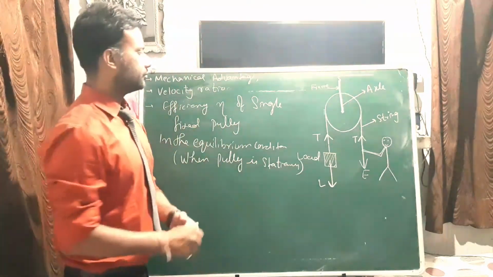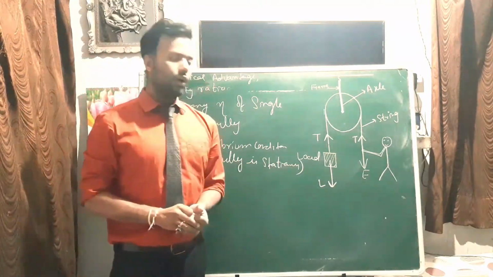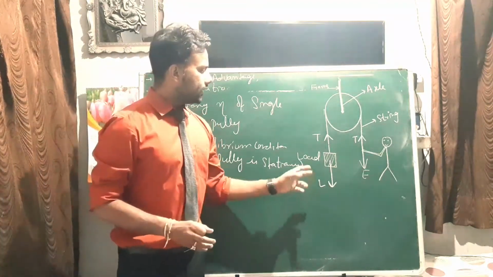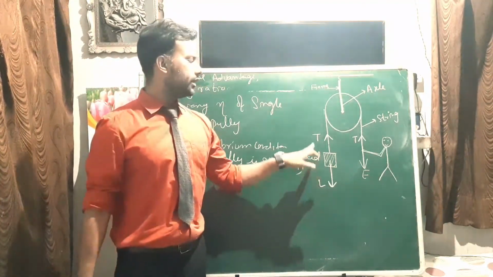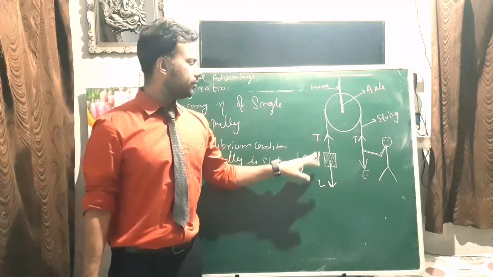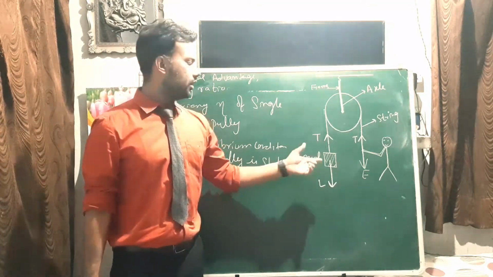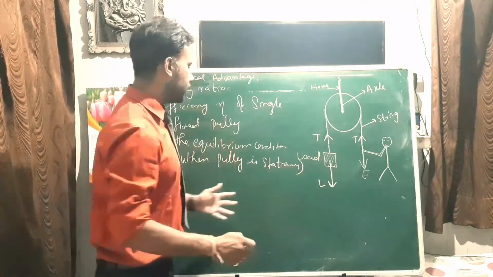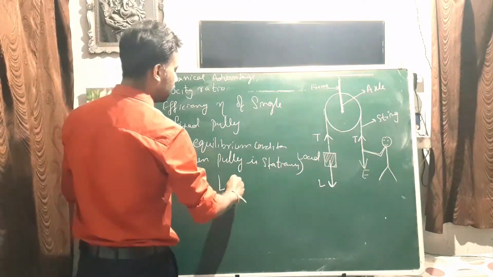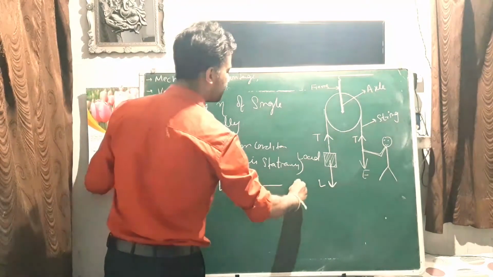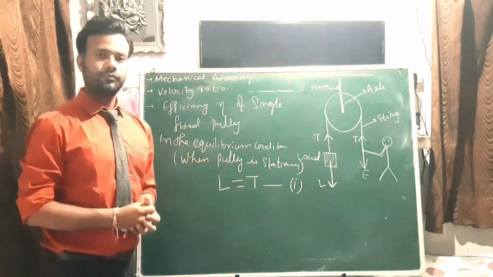Pulley is not moving. Now, you can see that the load is balanced by the tension T here, because they both are acting in opposite directions, and the load is not moving anywhere. That means the load is equal to tension here. Equation number 1. Is it clear?